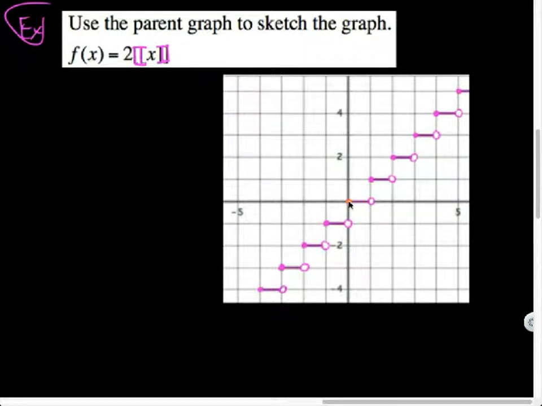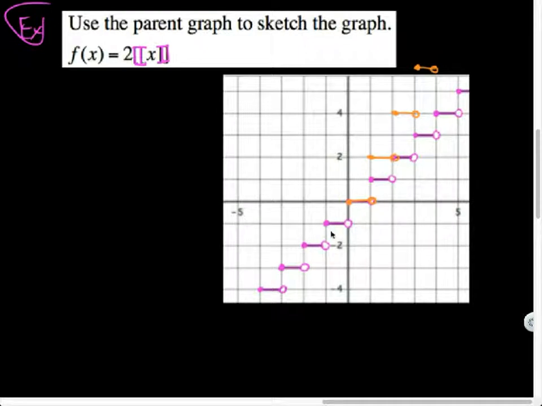So doubling 0 is 0. Doubling 1, I would have this value. Doubling 2 would put me at 4, and doubling 3 would have put me at the 6 value up here. So it's not a shift, it's a stretch.